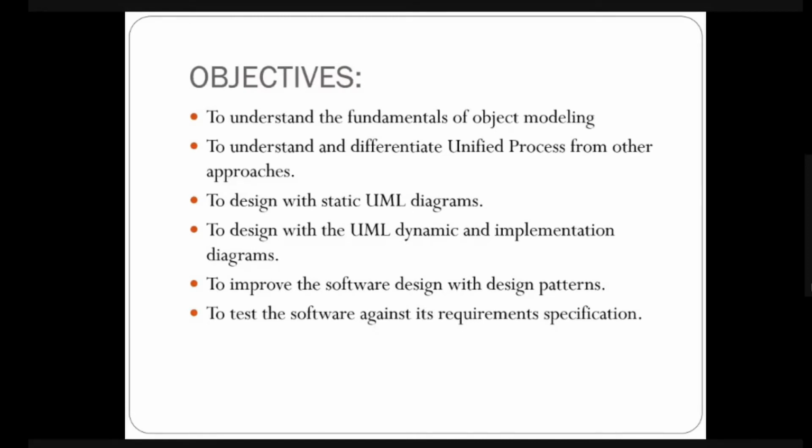Next, how will that class 2 transfer my data to some other class, and in which class will it be transferred. All this information I am going to define in my dynamic UML diagrams. So this is the difference between static and dynamic UML diagrams. In dynamic UML diagrams, we define our workflow dynamically, how it is transferring from one class to another class.